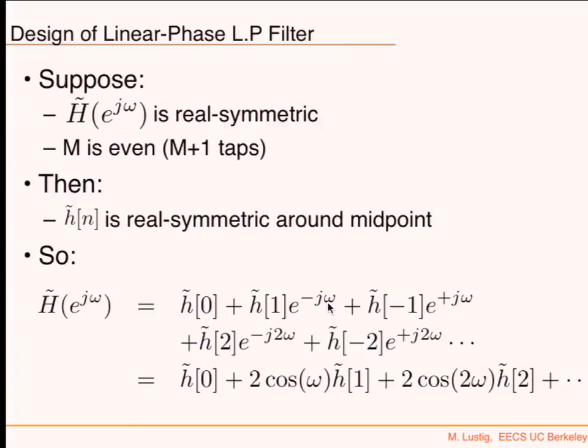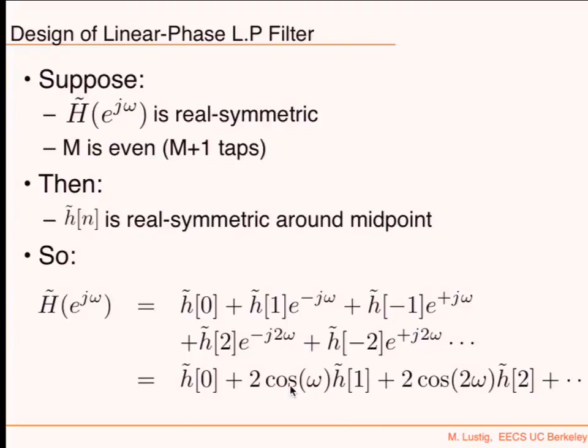It's a cosine. So the whole thing here comes down to H of 0, plus 2 cosine omega H1, plus 2 cosine 2 omega H2, and so on and so forth. So by imposing this symmetry, now I get that the frequency response is real. Which kind of makes sense. If I have a real and symmetric impulse response, the frequency response should be real. Therefore, it should have this form rather than something with complex exponentials.